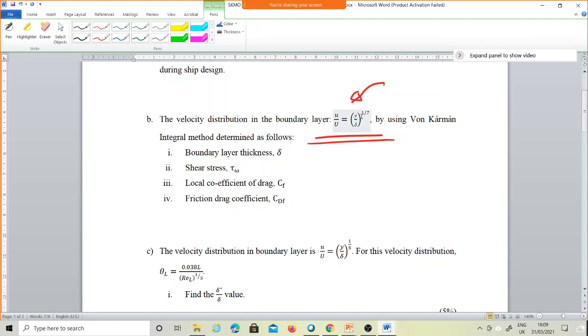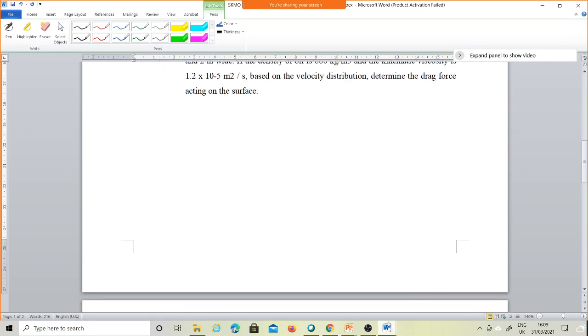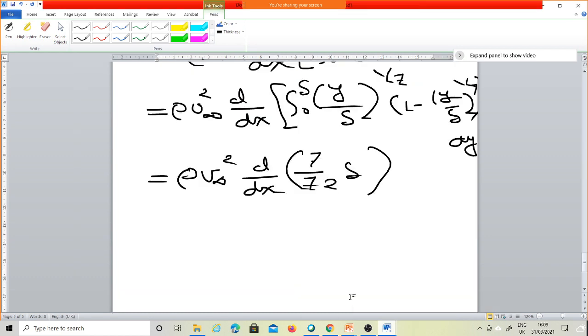Okay, so you have to understand that if you have this boundary condition y by delta to the power 1/7, that is for turbulent flow, whether it's mentioned or not. If you go through my lecture for the turbulent flow, you will understand from the velocity profile. So now you need to understand that this one is true.